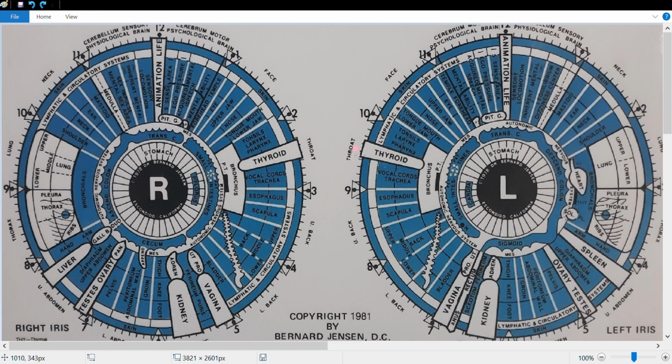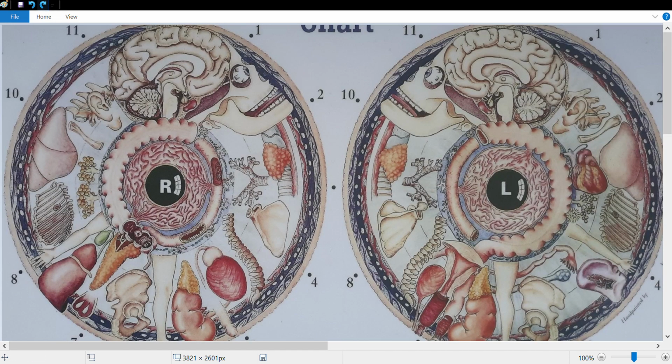We have the thyroid in both eyes. So this would be the thyroid on the left side, and then thyroid on the right side. So when you look at the thyroid in this photo, this kind of gives you an idea of the concept that this is sort of the front of the chest and heart area, and this is somewhat considered the back over here.